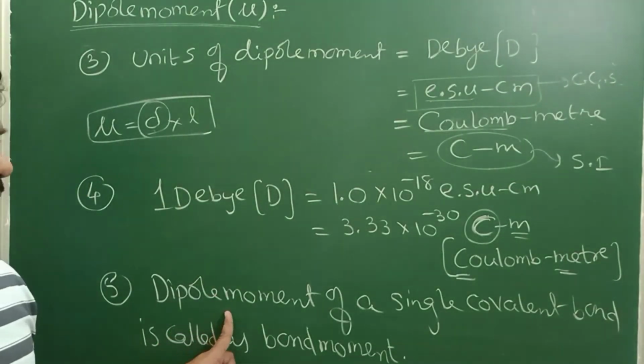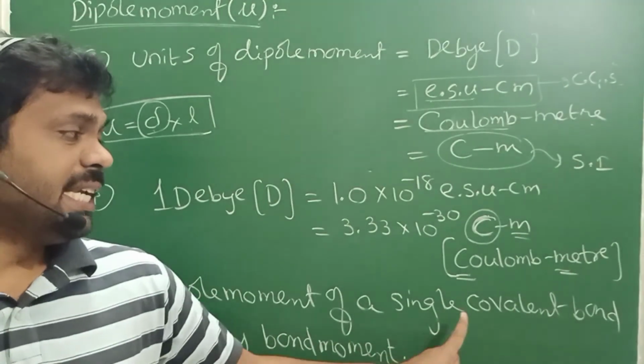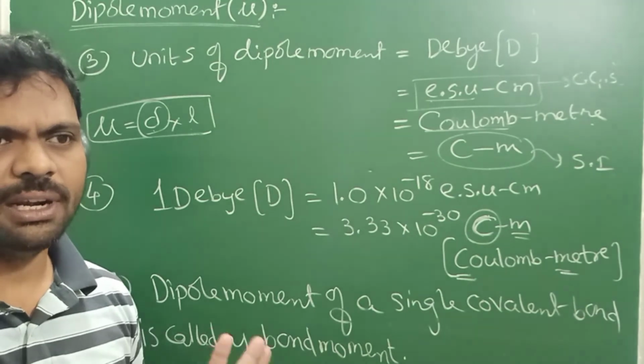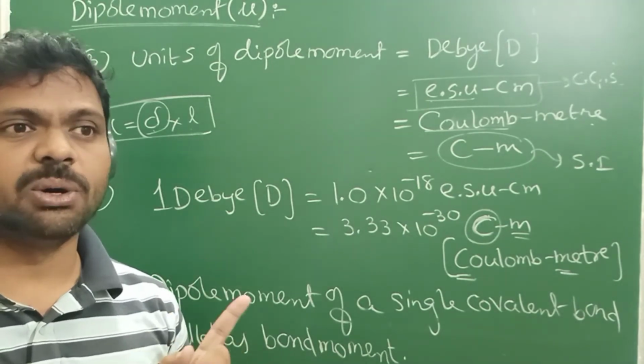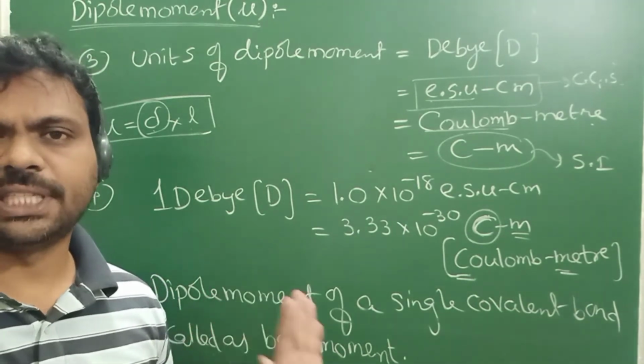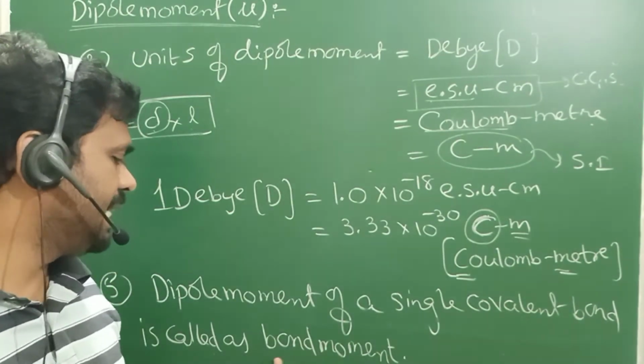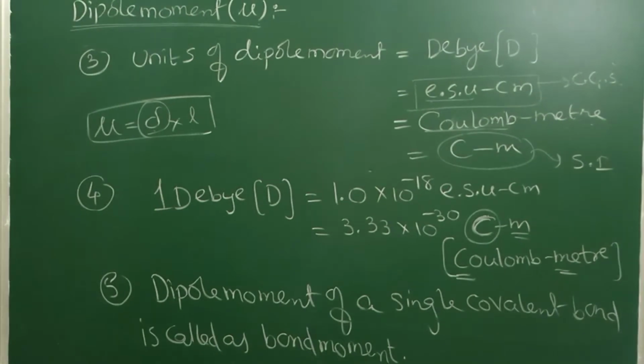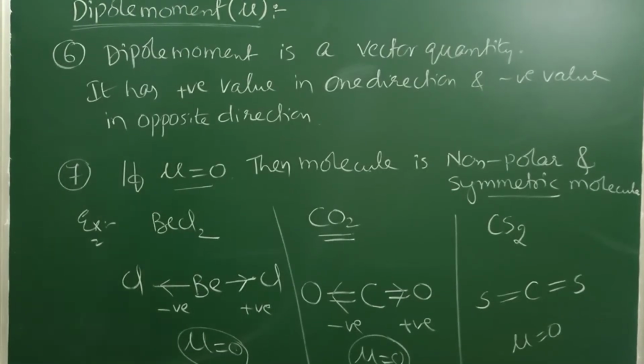Now, the dipole moment of a single covalent bond, not the total molecule, is called the bond moment. Clear?